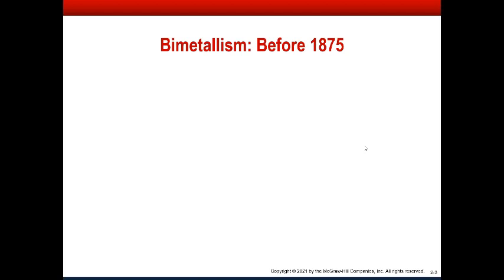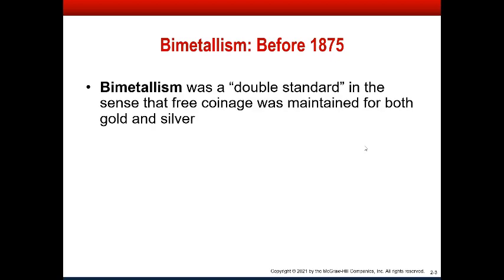So you could bring either gold or silver to the mint in your country, and this was in place in many countries, including for a time the United States, and convert those into monetary units at a specified weight and value for your currency. So the US dollar was defined legally as 371 grains of silver and 24.75 grains of gold.